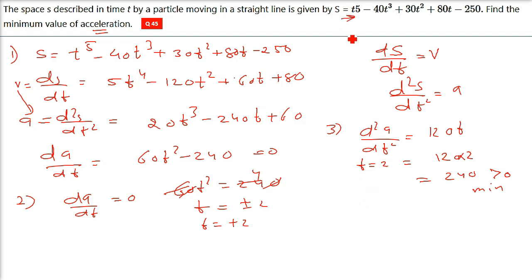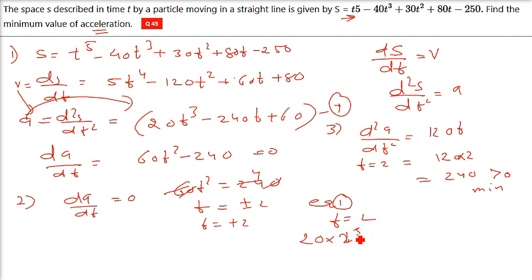First equation, second equation? Yes, in the third equation, because the acceleration is actually 20t cube minus 240t plus 60. Call this equation number 1 because this is the actual equation from where you need to start.